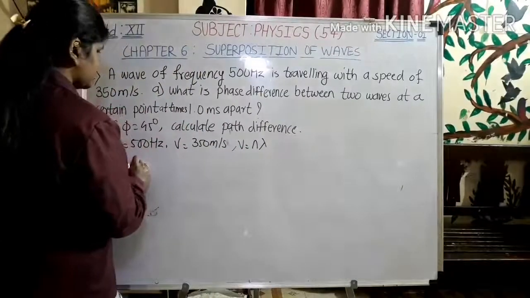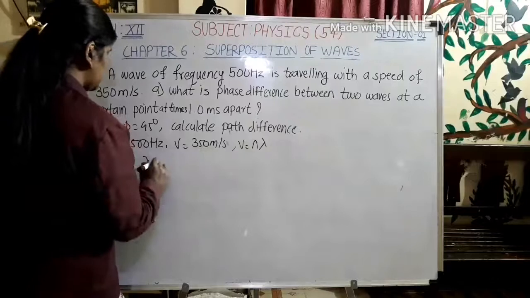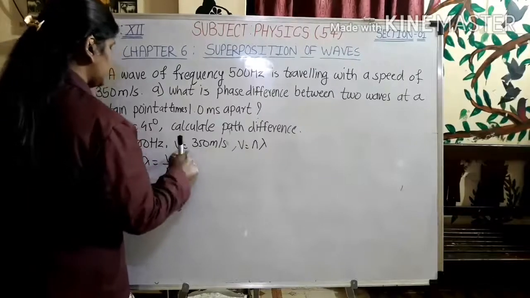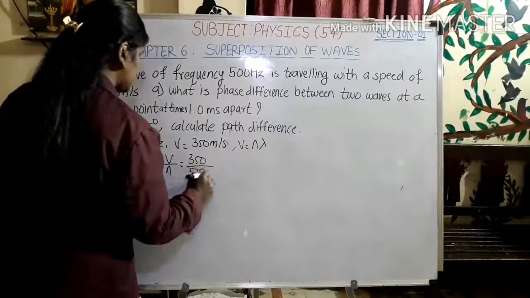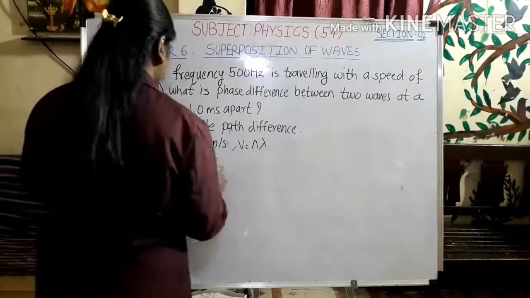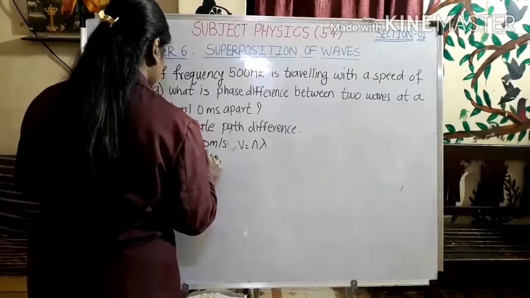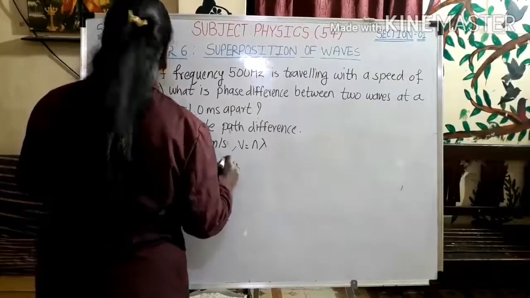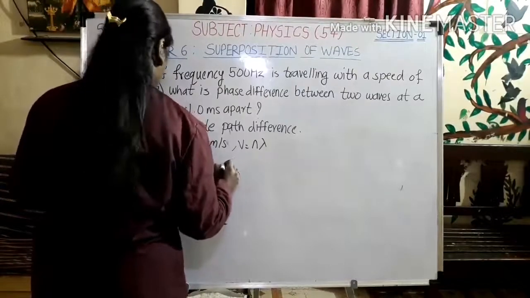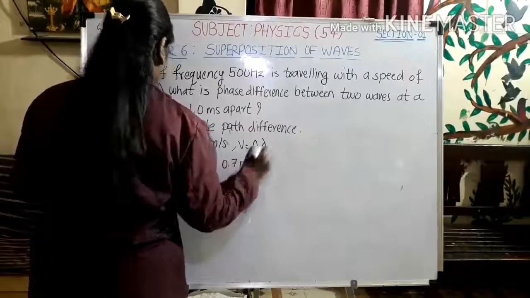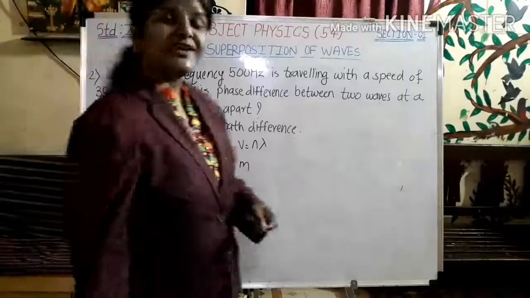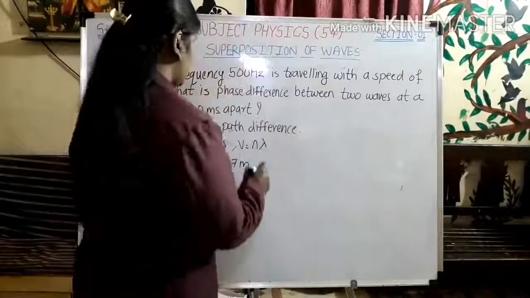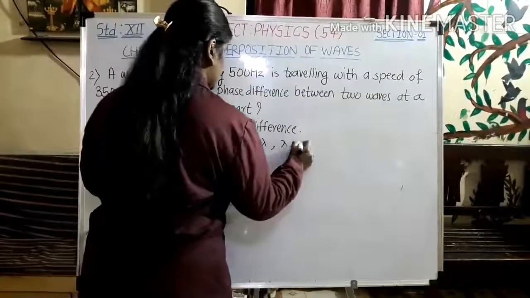So lambda will be v upon n, right? What is v? 350 upon n, which is 500. So this comes out to be 0.7 meter. So we got the value for lambda also.